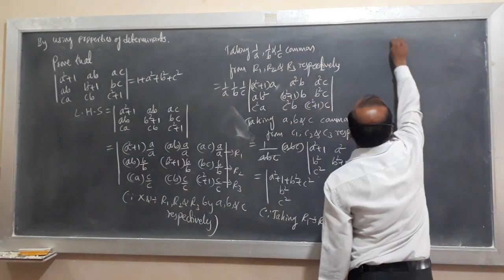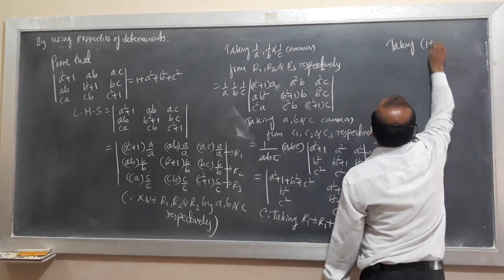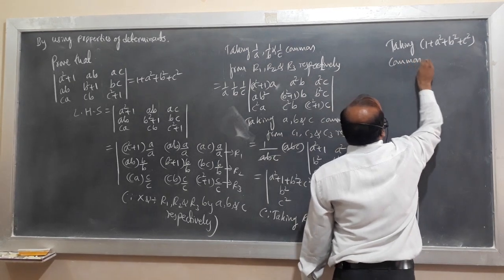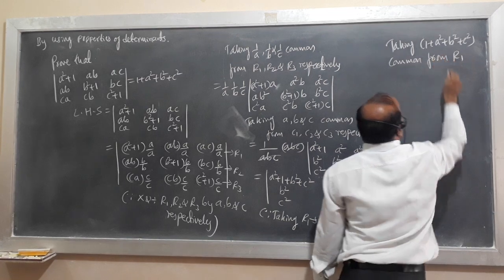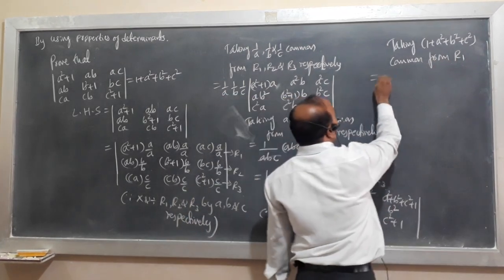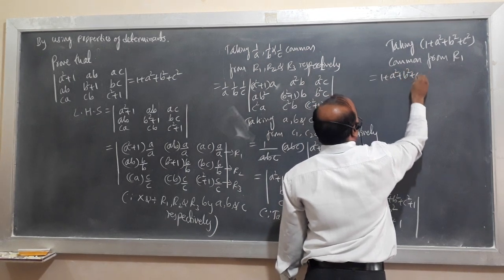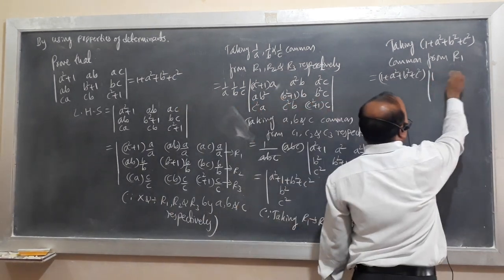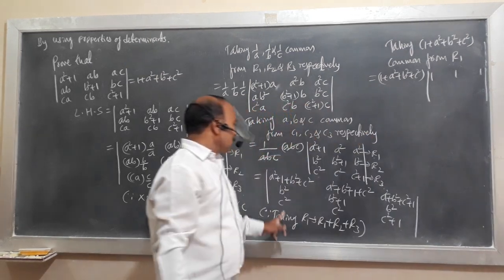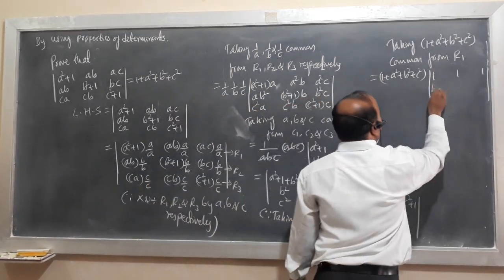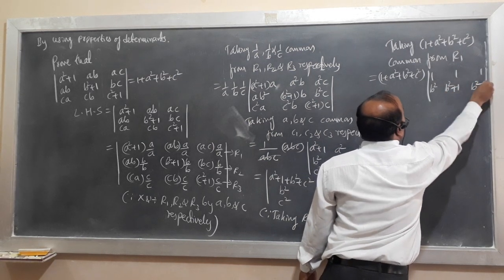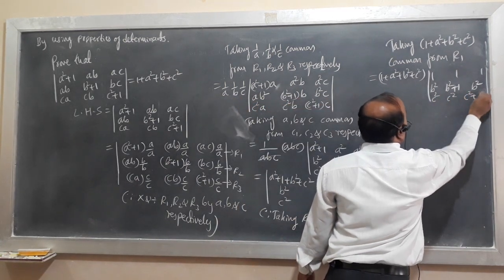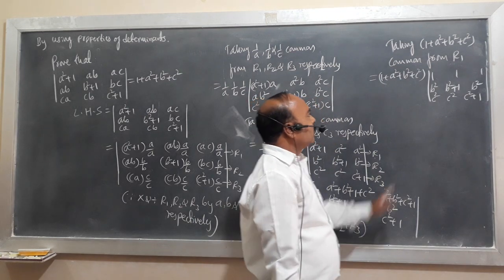Taking 1 plus a square plus b square plus c square common from R1, the first row, we get 1 plus a square plus b square plus c square times the determinant with first row 1 1 1, the second row b square plus 1, b square, and the third row c square, c square plus 1. Now we get 1 1 1 in the first row.